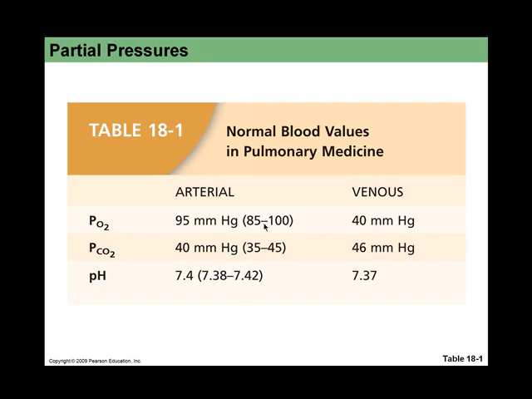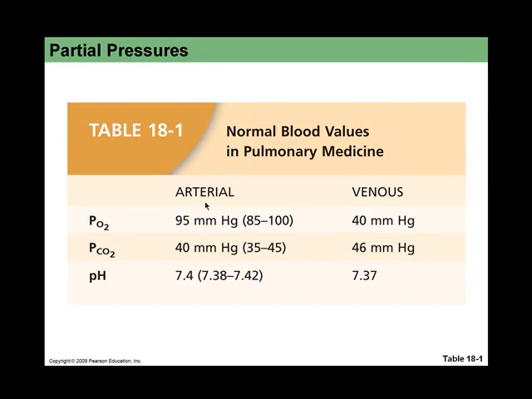So the arterial side is really representing best the pulmonary function, and then it can be diluted out after the systemic circulation. So remember, arterial blood gases represent what just came from the lung.